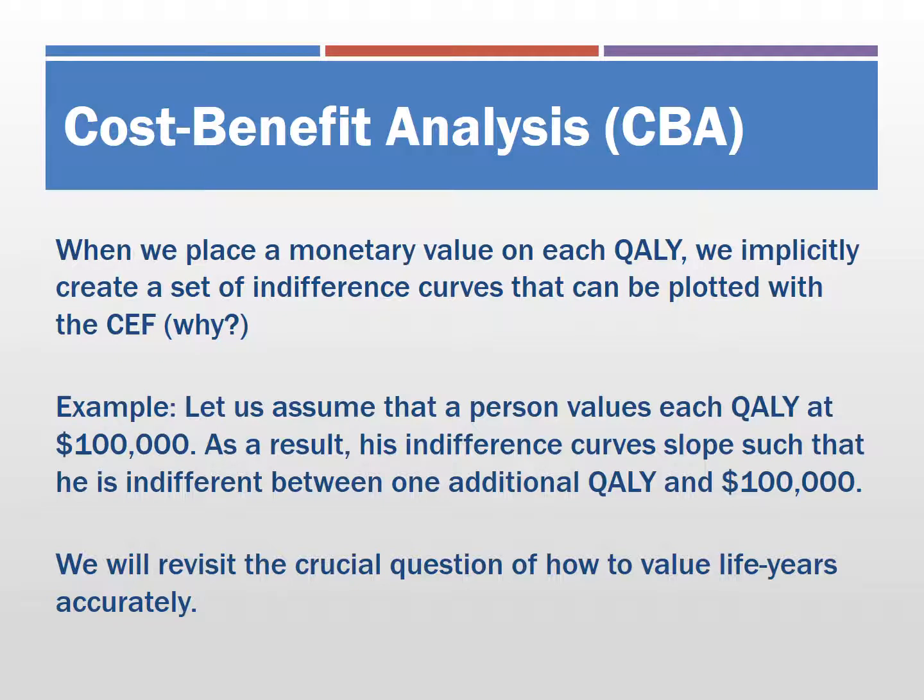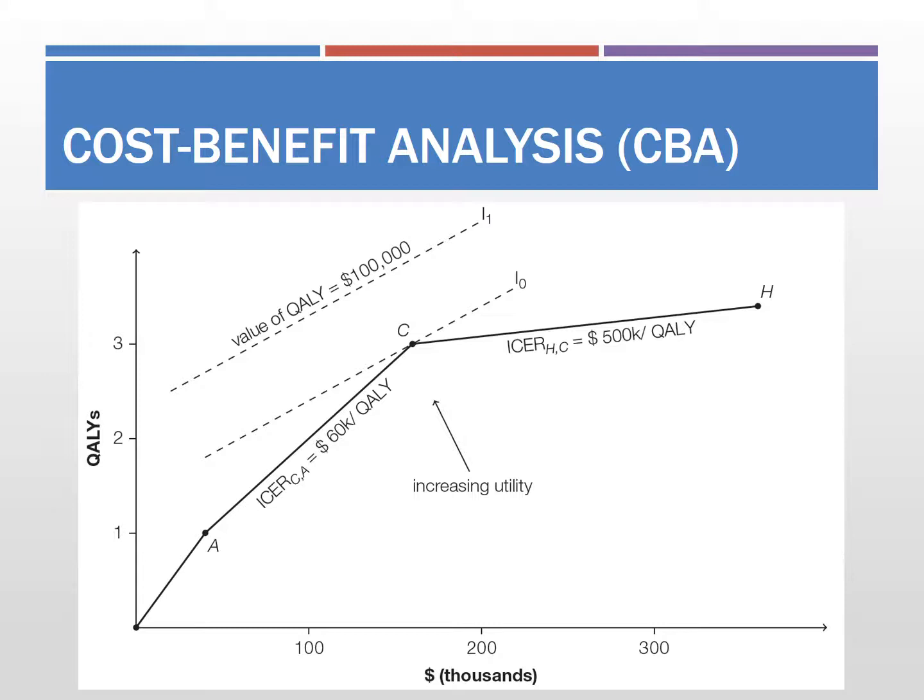So we are going to revisit the crucial question of how to value life years accurately. In this specific case, we're thinking about the cost-effective frontier and putting the indifference curve with it.